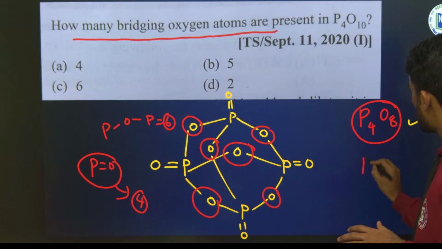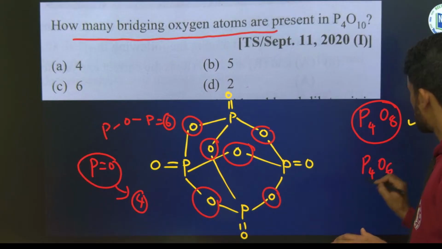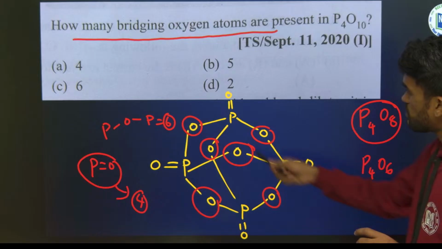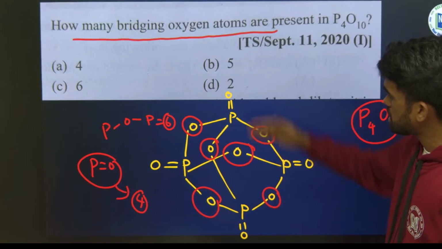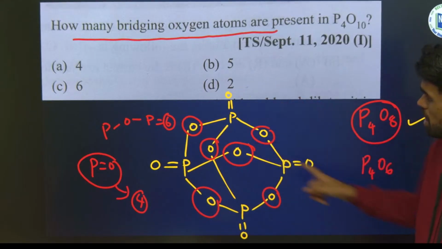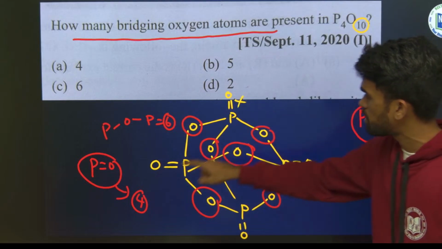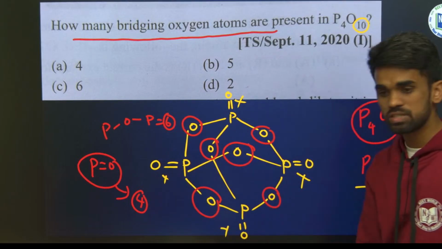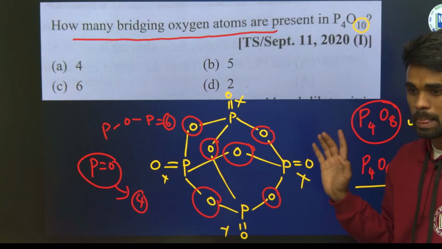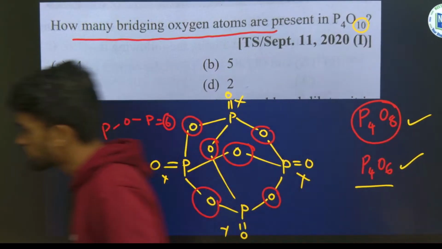If I say P4O6, here also the number of P-O-P bonds will be same, just remove this. How many oxygens are less in this case? P4O6 means here 10 are there, here I am saying 6. So, 4 are less now. So, remove all these P=O double bonds. P=O double bonds will be 0, P-O-P bonds will be 6. Like that you should do.